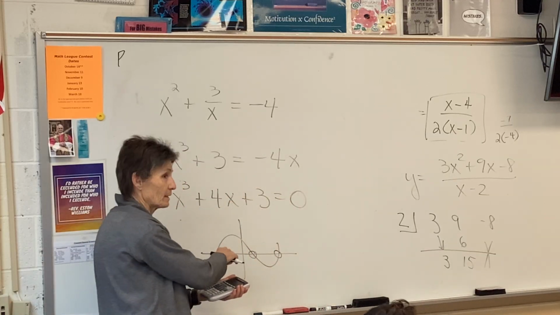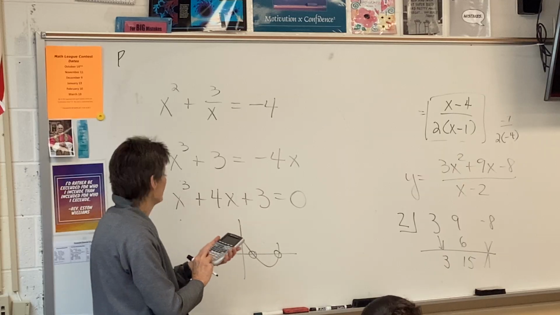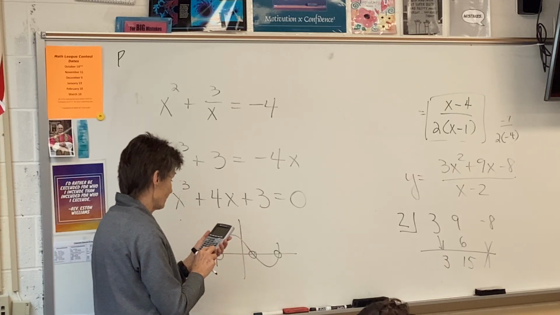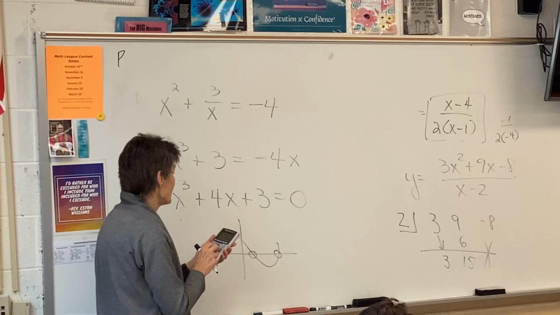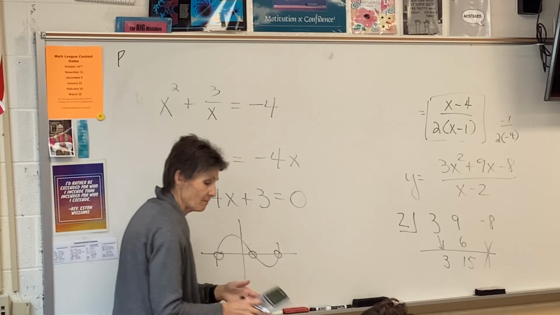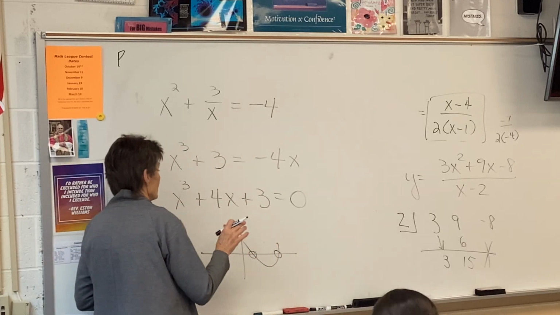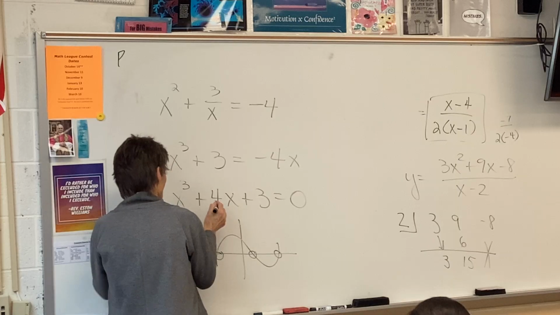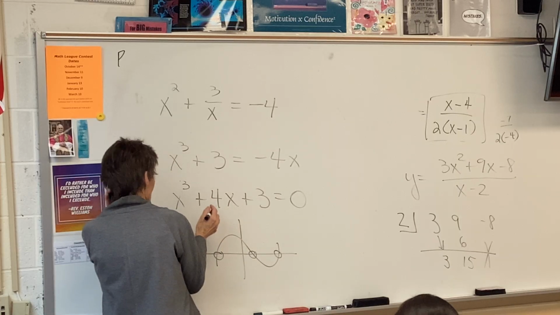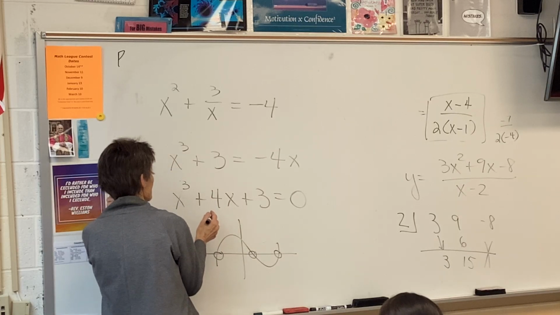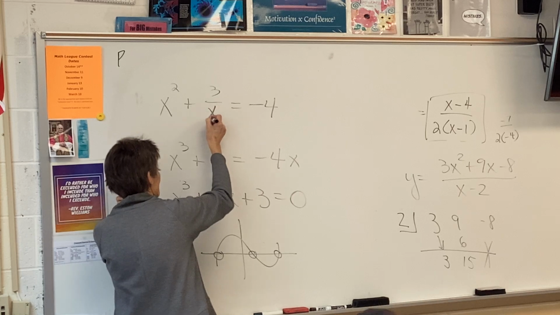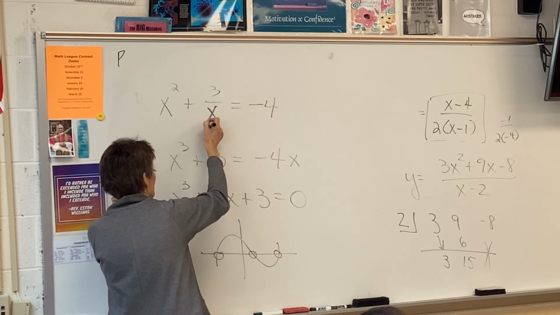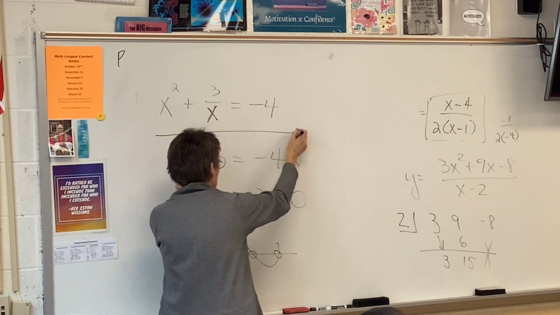It won't work like that. In fact, stop. You can graph that, but it's not going to give you an accurate representation because this has an asymptote. So go back to the beginning.